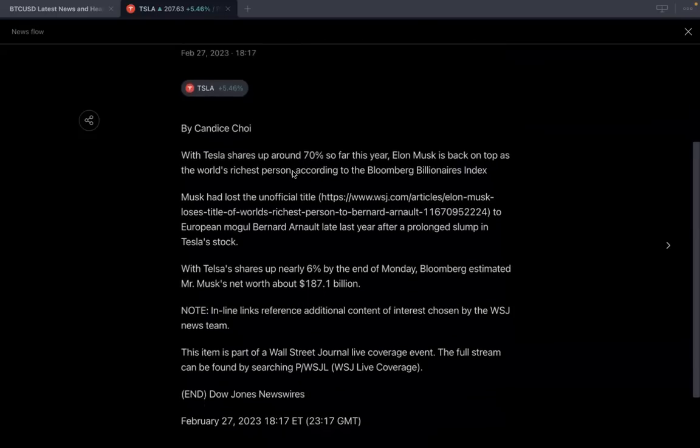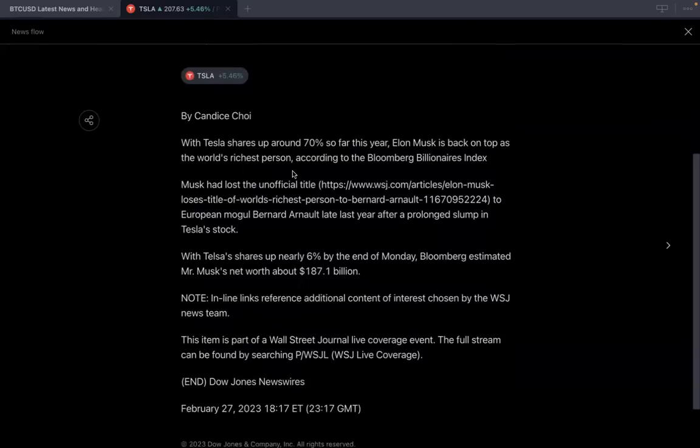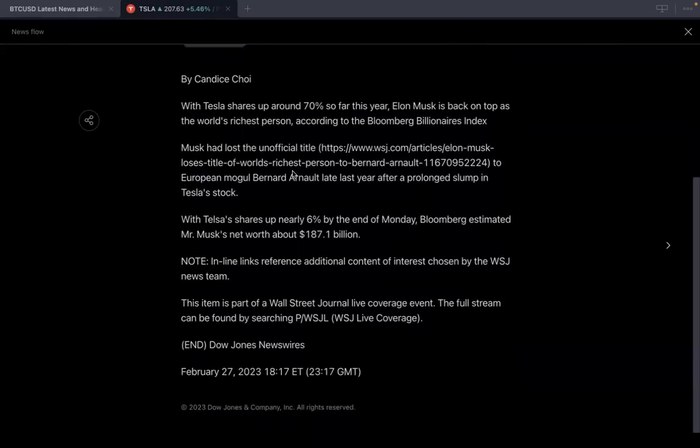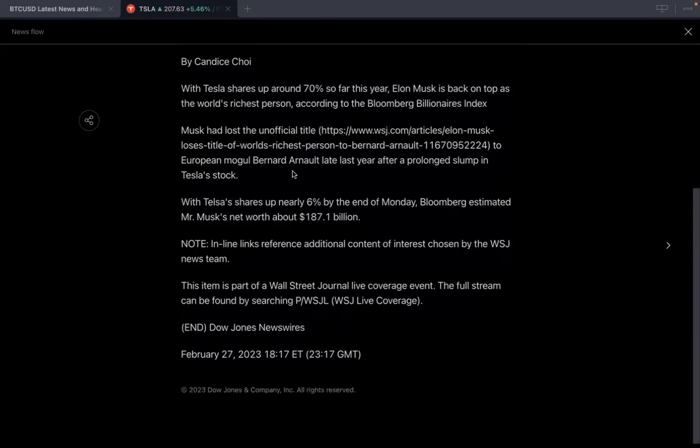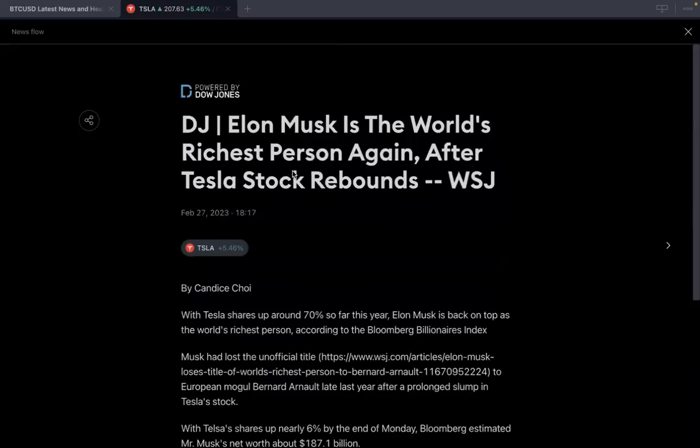With Tesla's shares up nearly 6% by the end of Monday, Bloomberg estimated Mr. Musk's net worth at about $187.1 billion. Note, in-line links reference additional content of interest chosen by the WSJ News team. Oh, that's not included. Wow. That just happened about an hour ago, which is crazy.